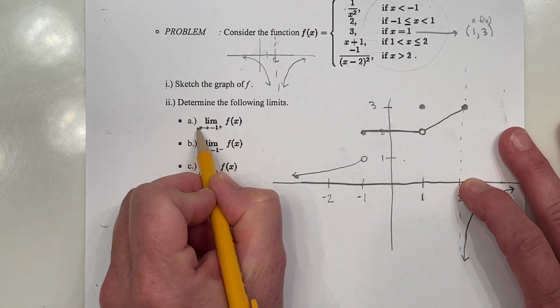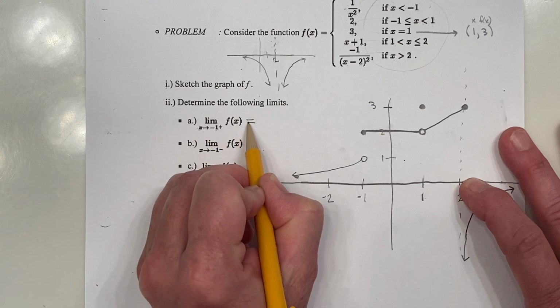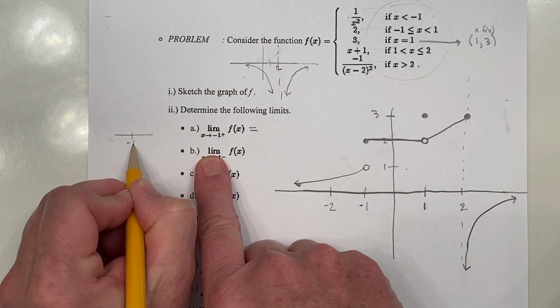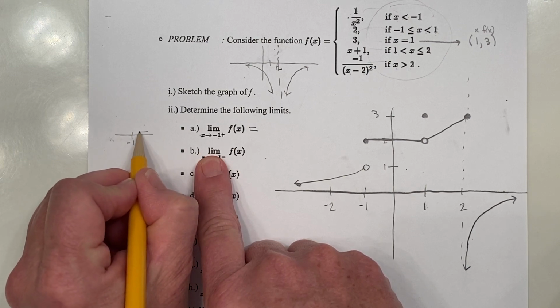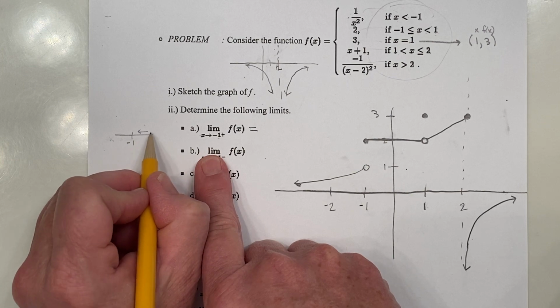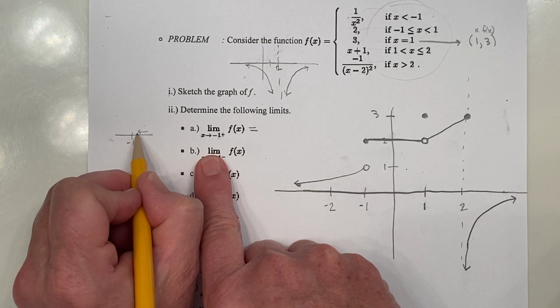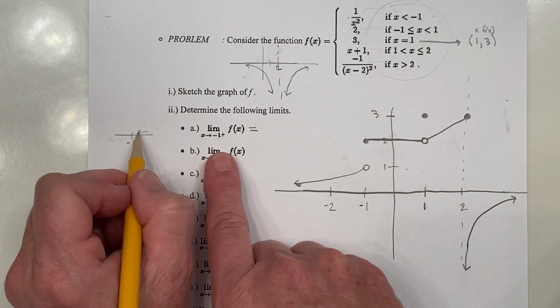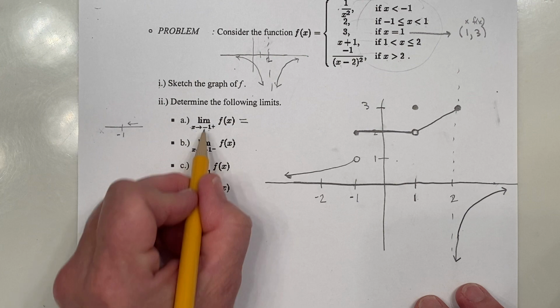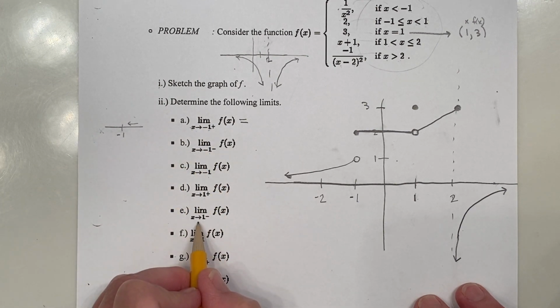All right, so what's the limit as x approaches -1 from the right? Well, if I'm approaching -1 from the right, then I'm at numbers that are bigger than -1, because numbers to the right of -1 are bigger than -1. So I can go to my graph and locate -1. Now remember, a limit isn't a functional value question.